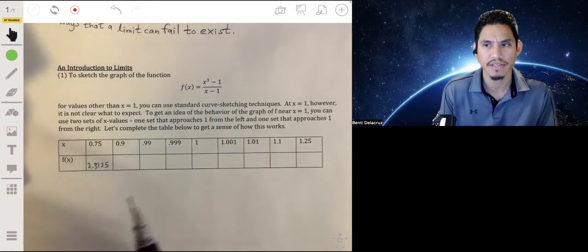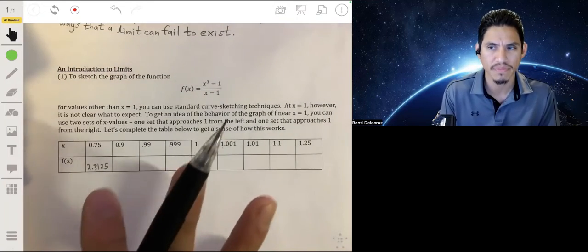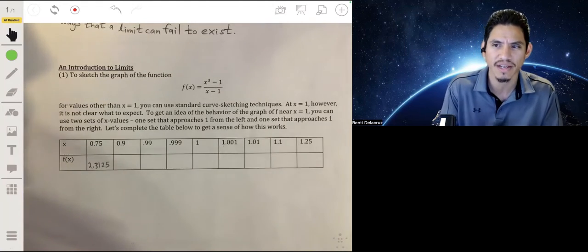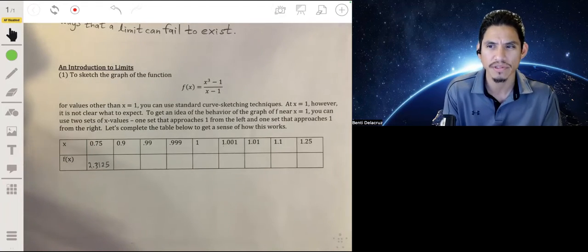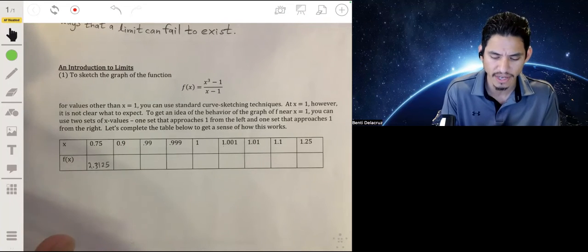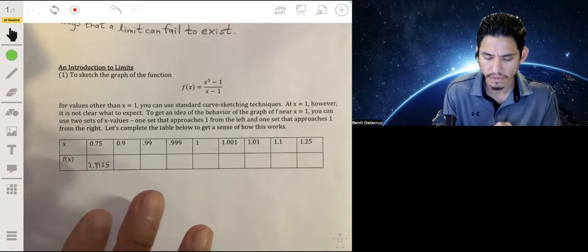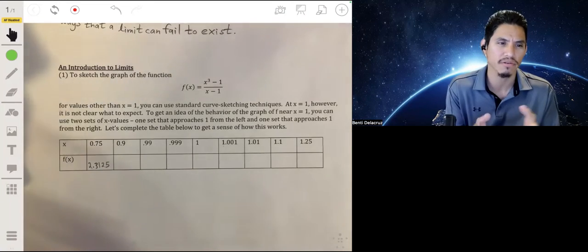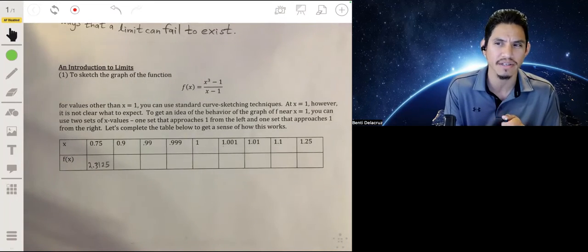But I definitely advise you, when you first get exposed to this, it's important to get that practice, but also to gain an intuitive understanding of how these values behave when you're trying to find a limit, because it's not always that obvious.